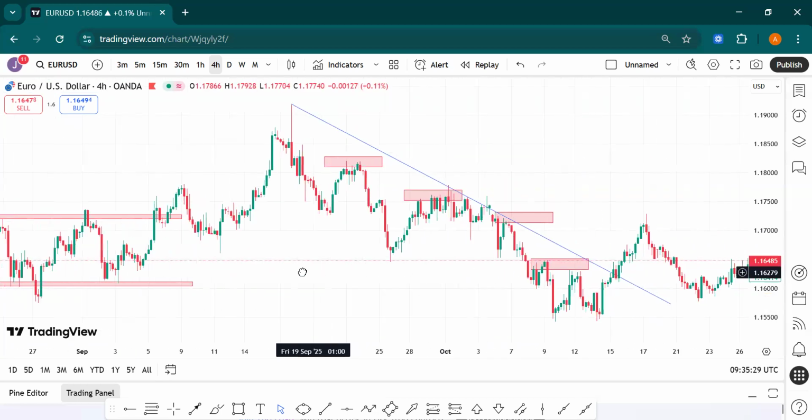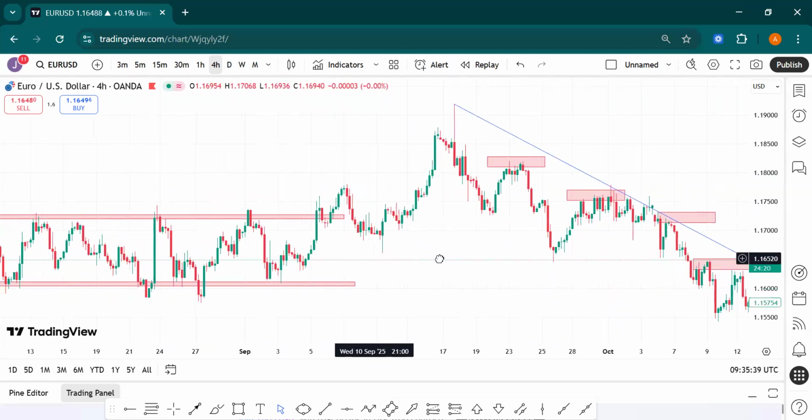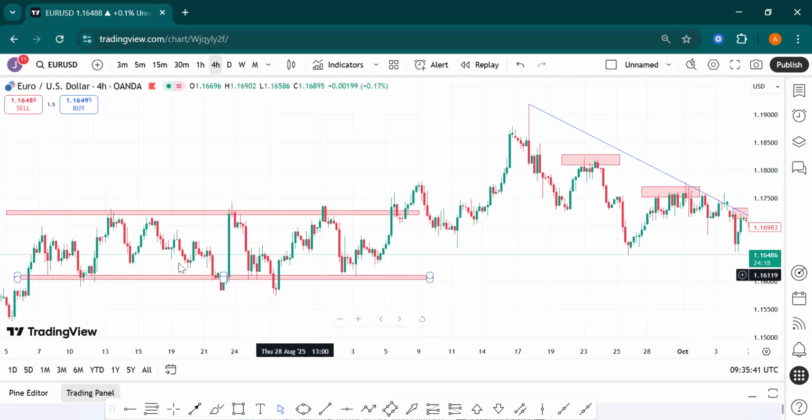We said that for an uptrending market, we buy at the higher lows, and for a downtrending market, we sell at the lower highs, while for a consolidating market, we buy at the support and sell at the resistance.